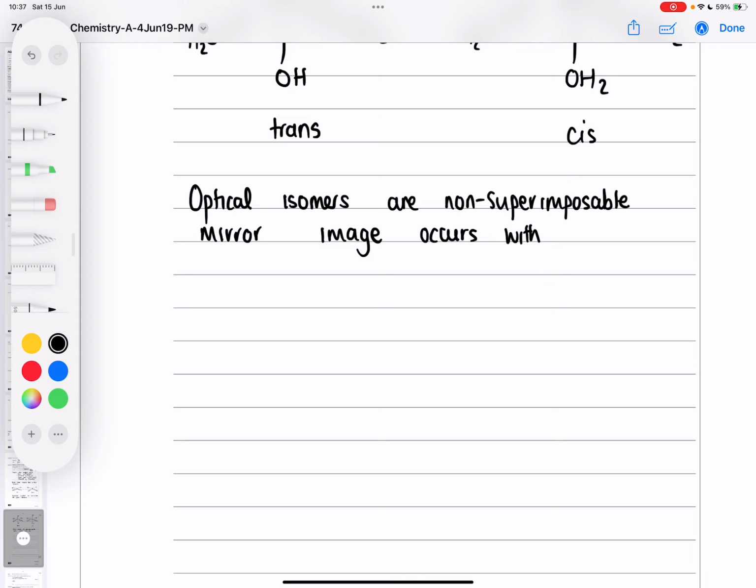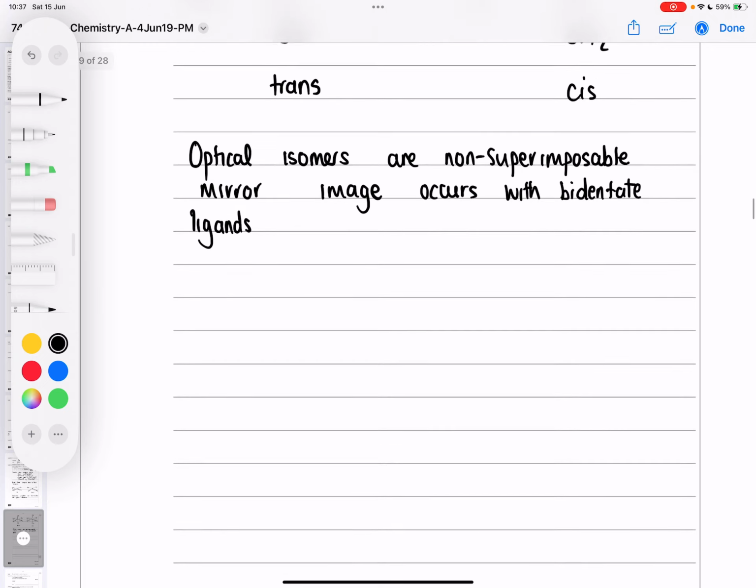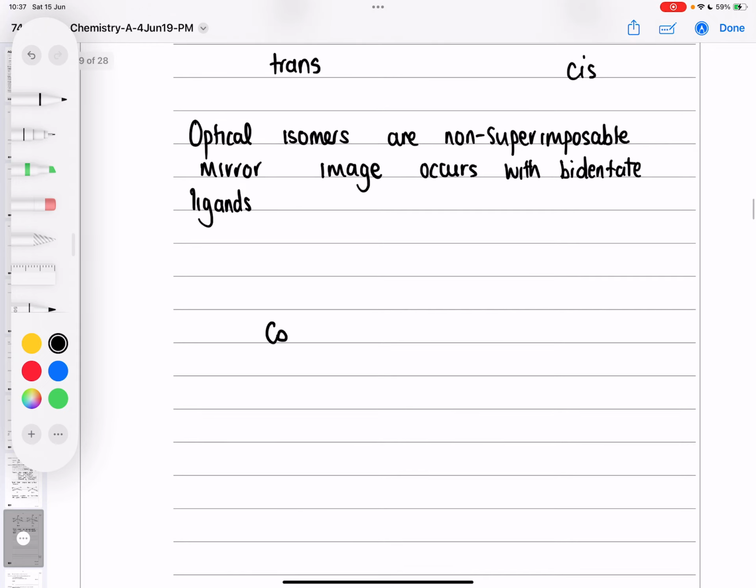I can pick either. But I need to use a bidentate ligand. I can use 2 or 3 bidentate ligands and it would make optical isomers. In fact, if you use 2 bidentate and 2 monodentate, you could get cis, trans and optical all in the same complex. But I'm just going to pick a bidentate ligand.